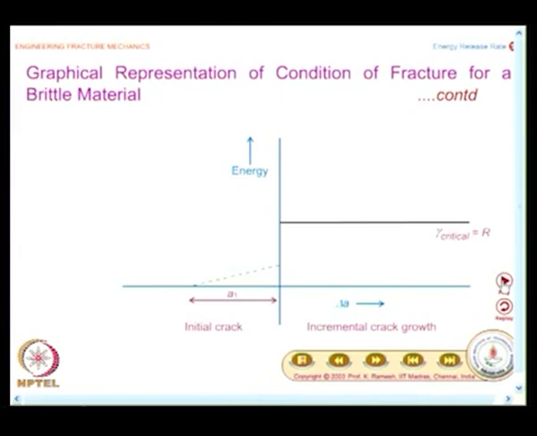Now, I increase the stress. The stress magnitude is something like sigma 1. Still the stress is not critical. For a given crack length, all our earlier discussion has shown that you can find out a corresponding critical stress.